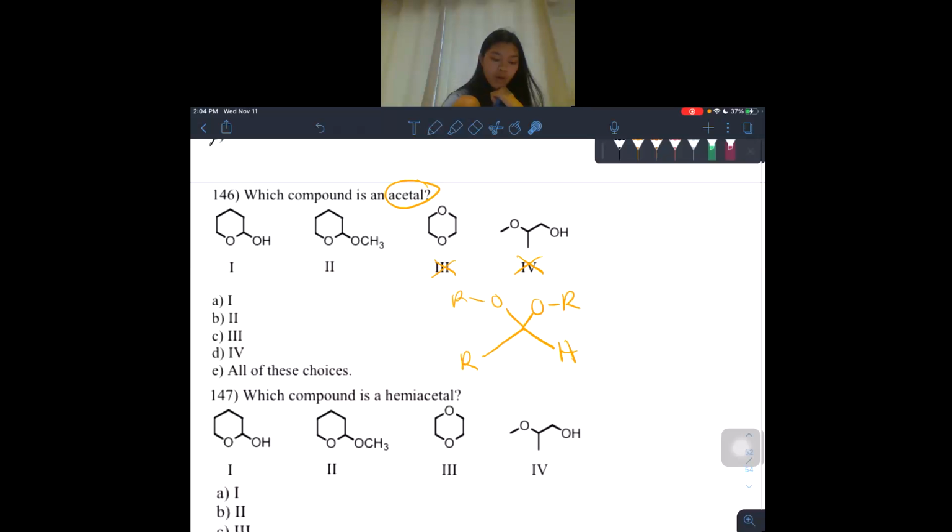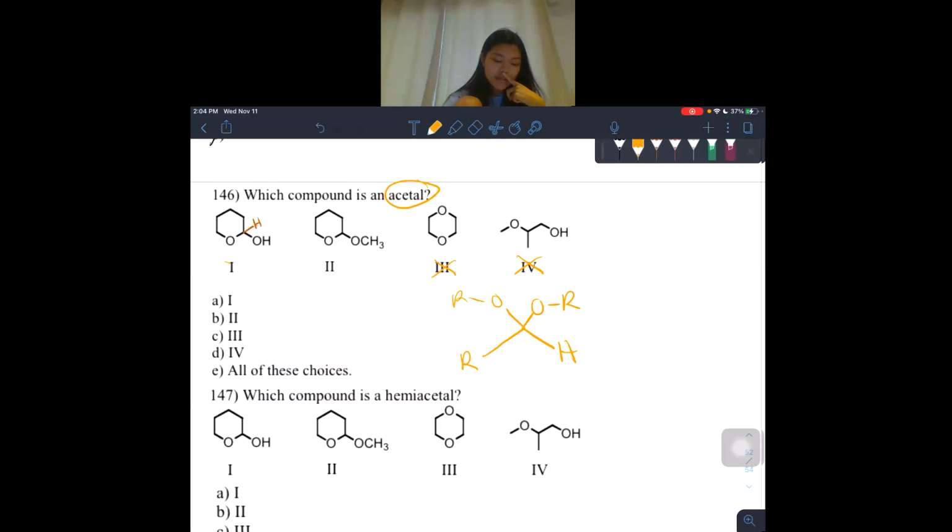So 1 shows us that we have these two oxygens coming together at a carbon, and that carbon does have a hydrogen. So this guy is pretty good so far. But notice how this guy has an OH. That OH is not an OR group.